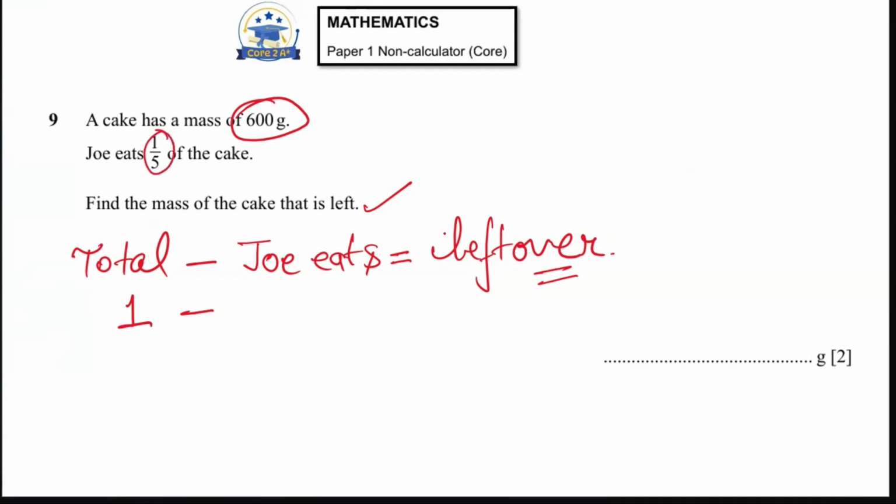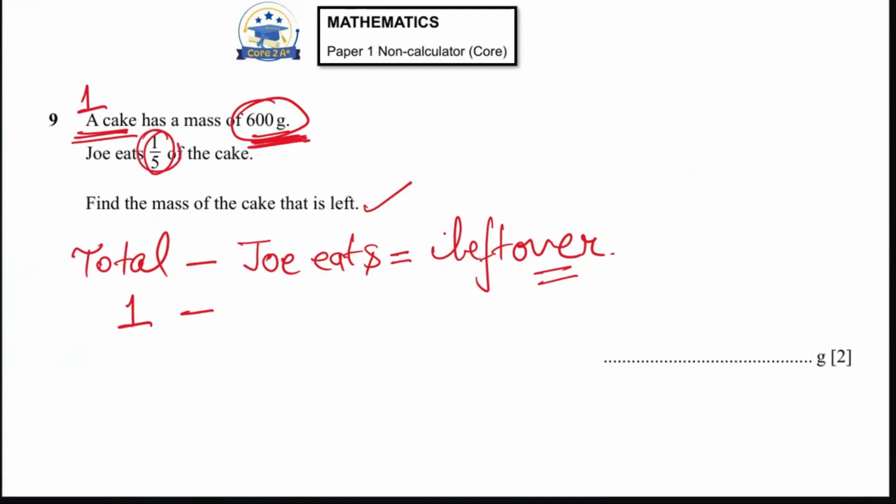Okay. 1 means what? How much here the cake? The quantity is 1 cake there was. Okay. That's why I am writing 1. Don't write 600 grams. This is the weight, mass of the cake. But quantity is 1. Okay.